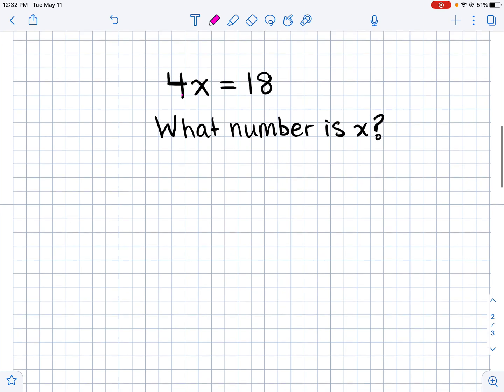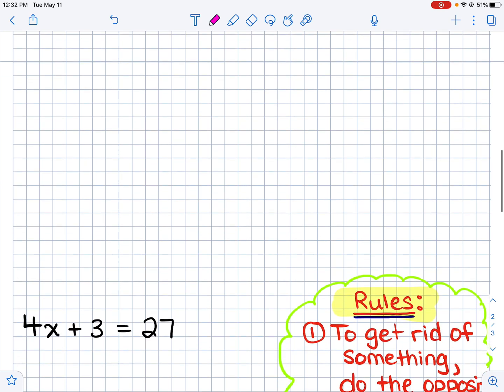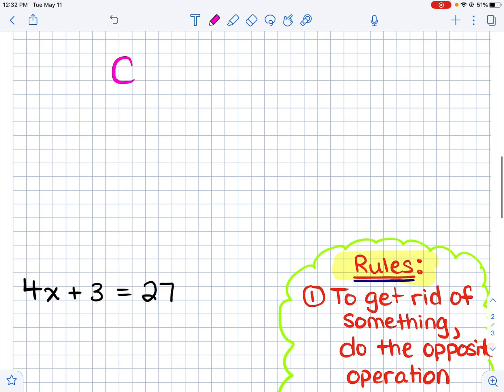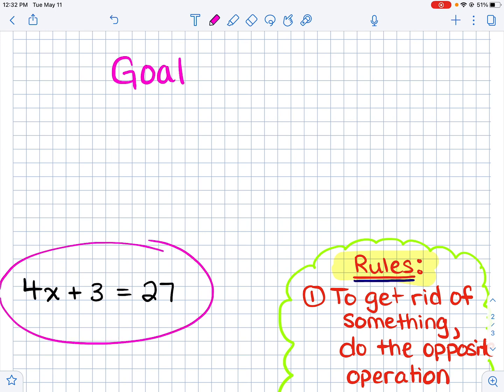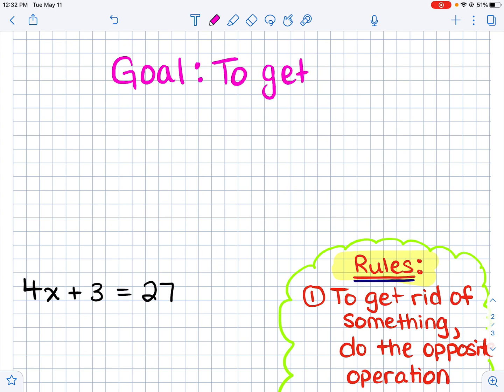Okay, so here's how we're going to solve equations. Our goal, when we see an equation like this, is to get x alone. We want to get x all by itself on one side of our equation so we can find out what it equals.